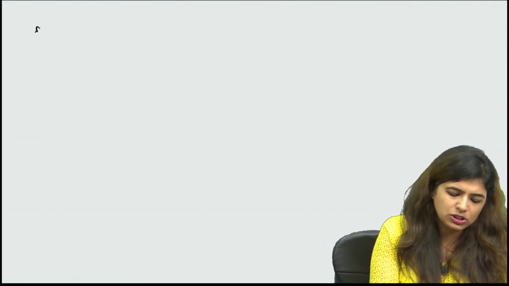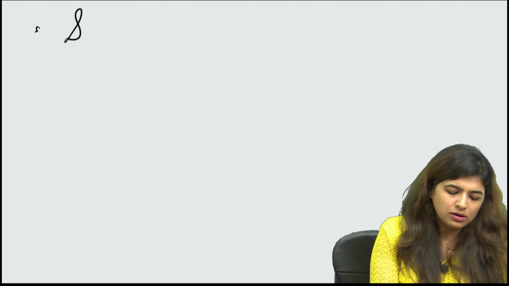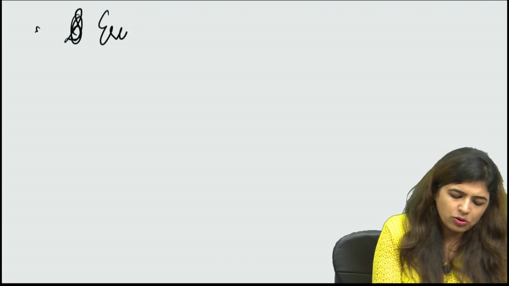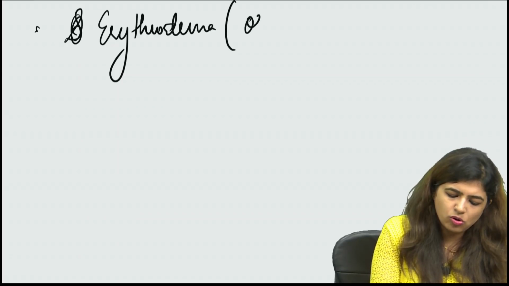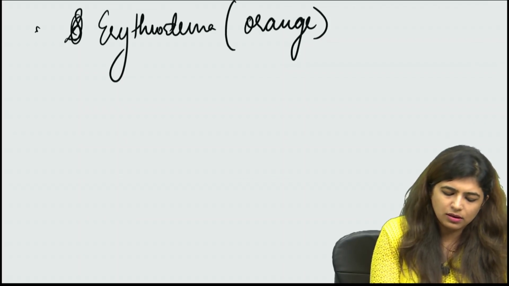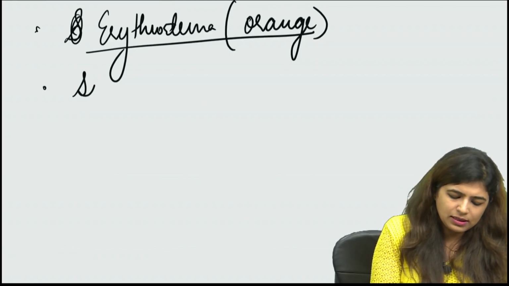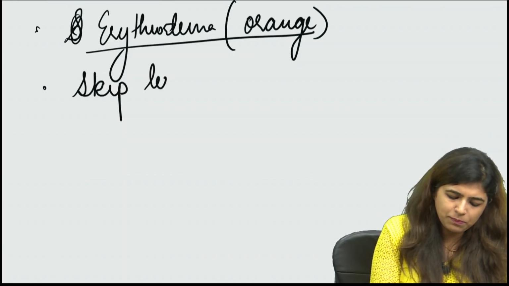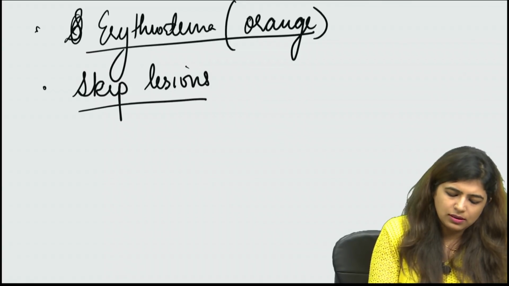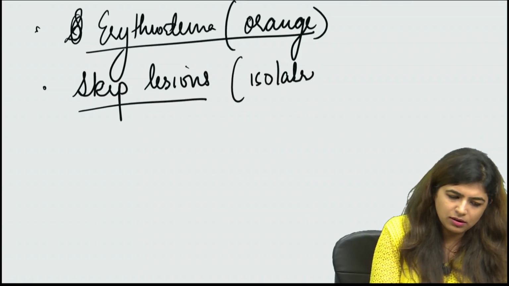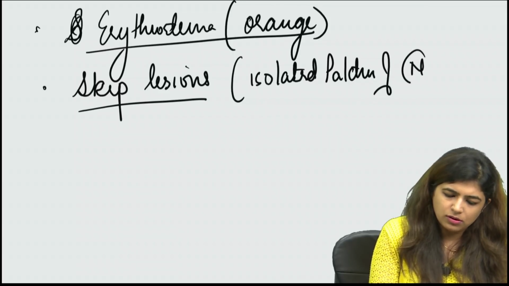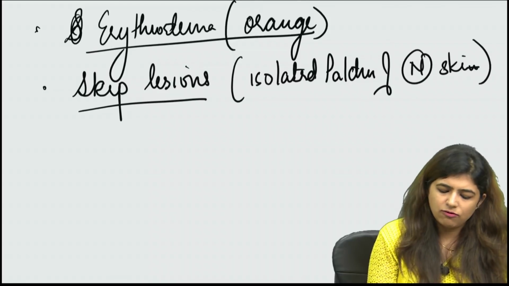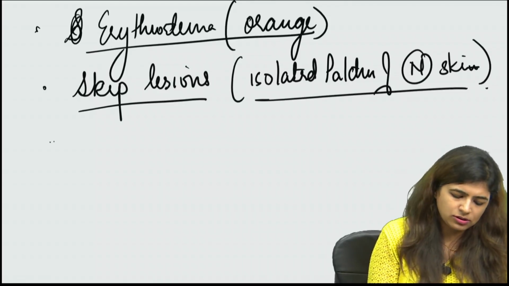Now, what are the specific features for the purpose of your exam that you need to remember? You need to remember that the erythroderma here is orange in color. Secondly, it has skip lesions, meaning there are isolated patches of normal skin found in the lesions.